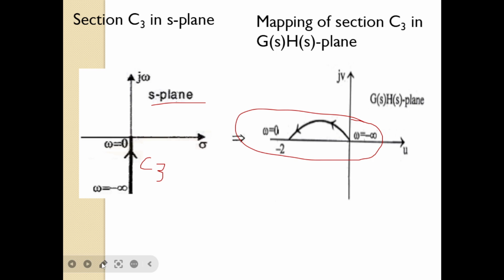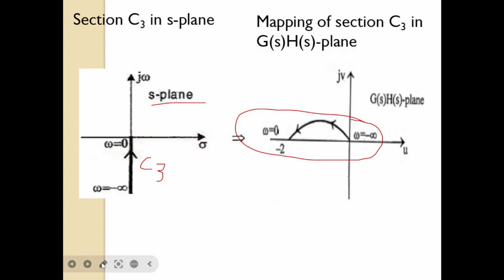For each section we have got the plot here, on the G(s)H(s) plane. So let us combine all these plots. Technically we must say, let us map all these individual section plots.